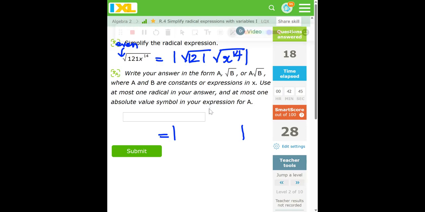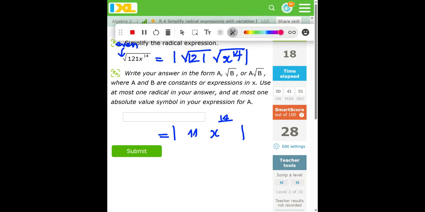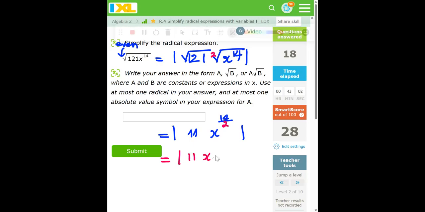Square root of 121 is 11. Then for square root of x to the power of 14, you divide 14 by 2, because this is a square root, so the power is 2. Now you come out with 11 x to the power of 7. And again, 11 is a positive number, so you can move it outside. That's it.